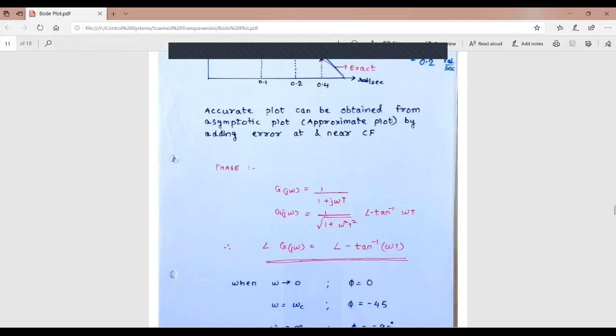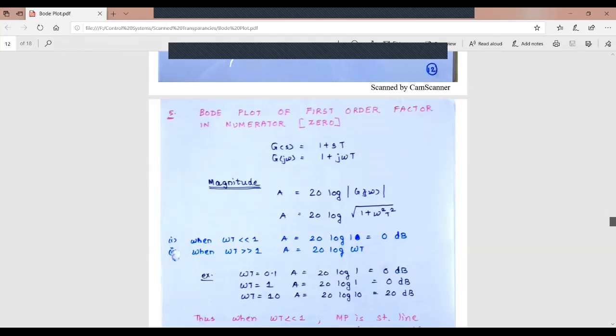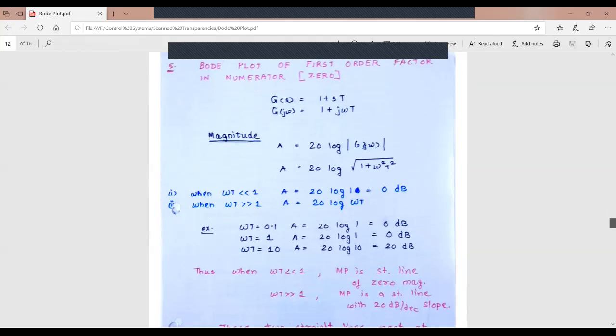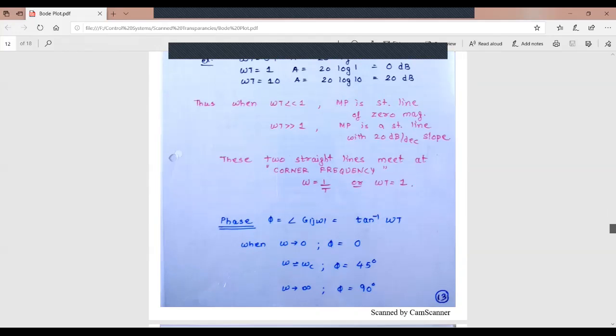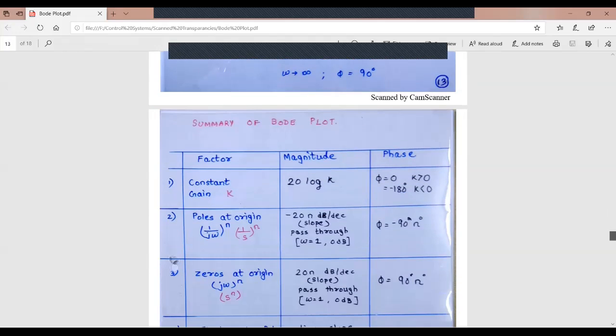Before that, it doesn't contribute anything, and that is why that frequency is known as the corner frequency. Same here, I'm scrolling it up because we have just discussed this. Magnitude will be plus 20 log omega t, and phase will be plus tan inverse of omega t.